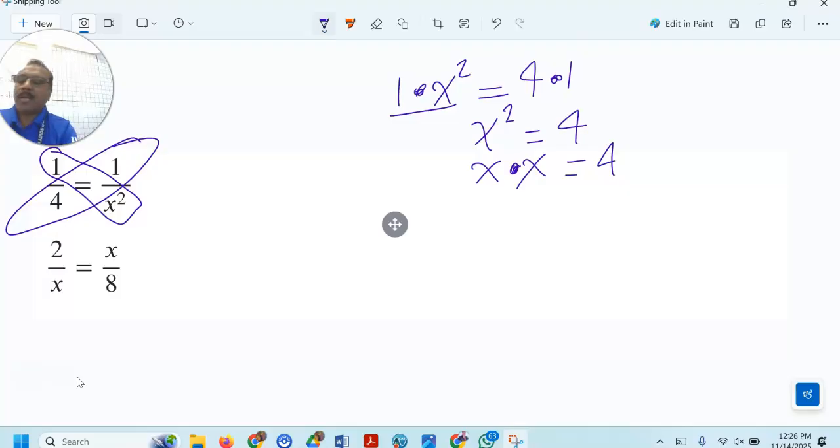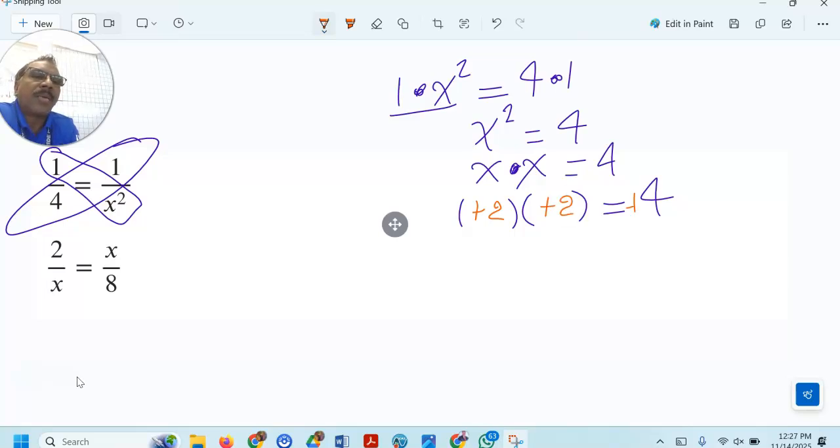So the question is what multiplies itself to give 4? And you know the answer is, one of the answers will be, let me put the parenthesis to show that, plus 2. So plus 2 and plus 2, if you multiply, it's 4.